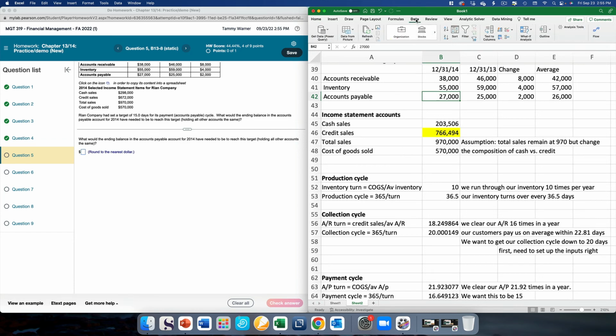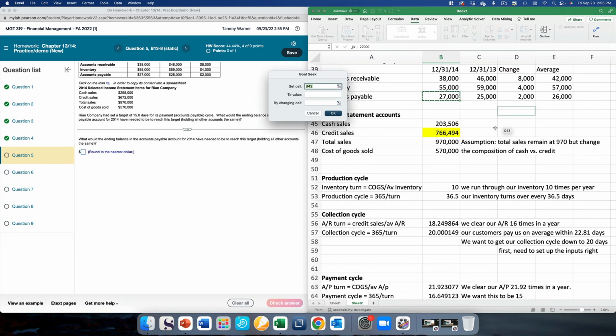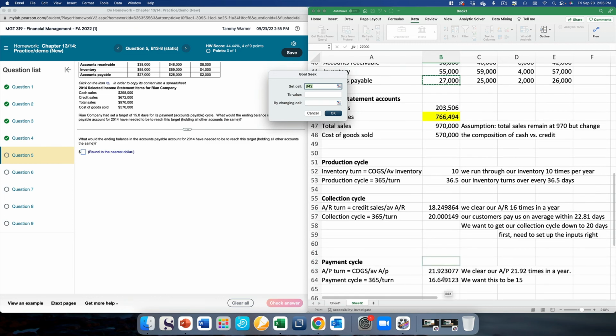So again, we use our goal seek. And we say, I want this number here to be equal to 15, by changing this time, our ending accounts payable.